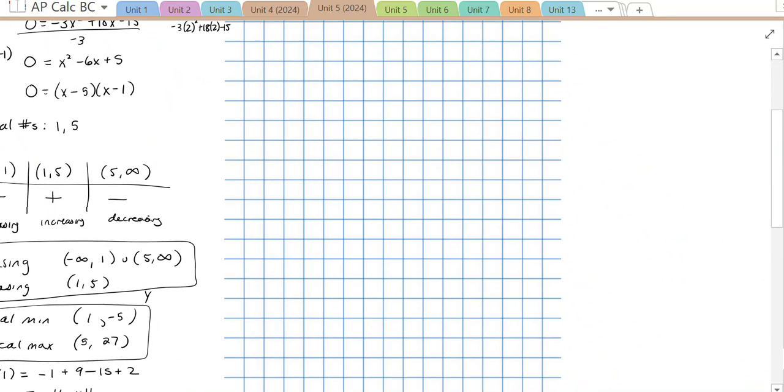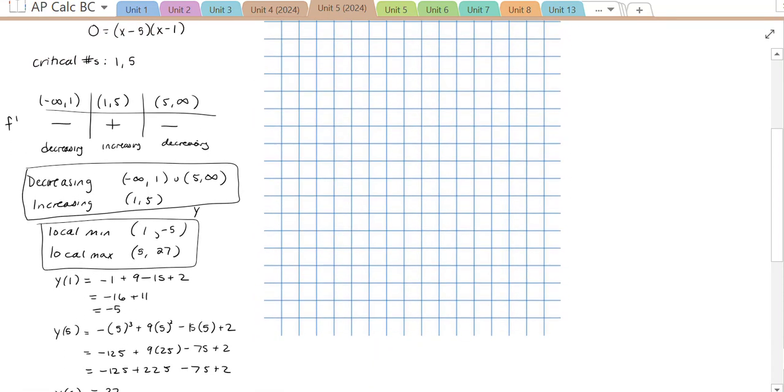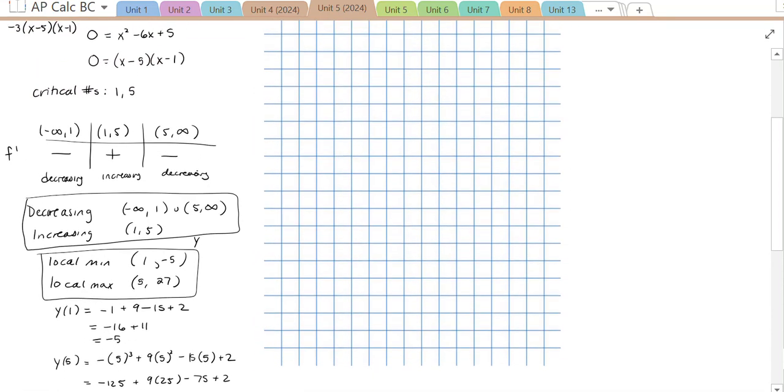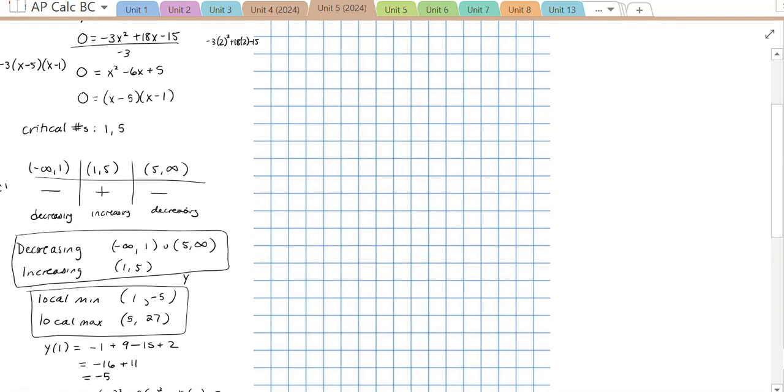Now I'm going to take this lovely piece of graph paper and create my sketch. I need to go all the way up to a positive 27 and down to a negative 5 for the local min and local max.